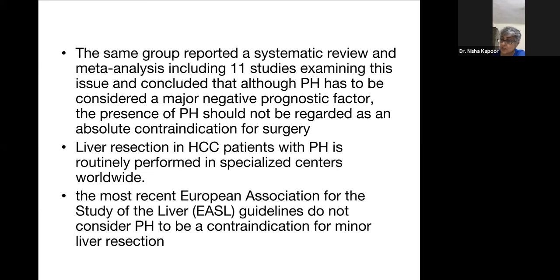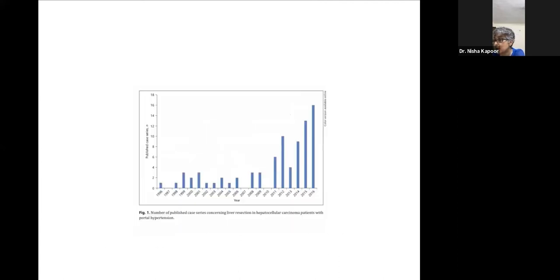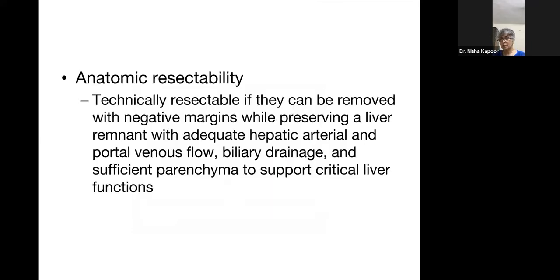So the most recent EASL guidelines do not consider portal hypertension to be an absolute contraindication for minor liver resection. And here you can see the increasing number of published series where resection has been done in HCC patients with portal hypertension.